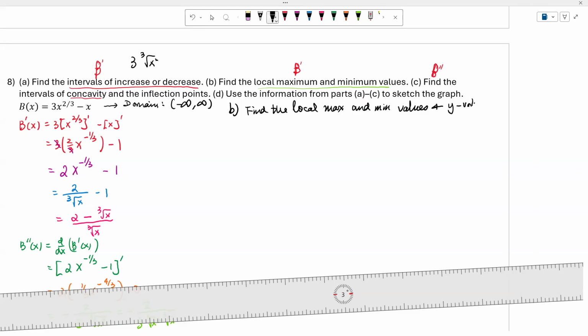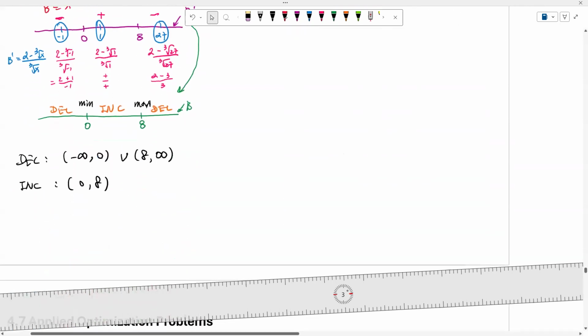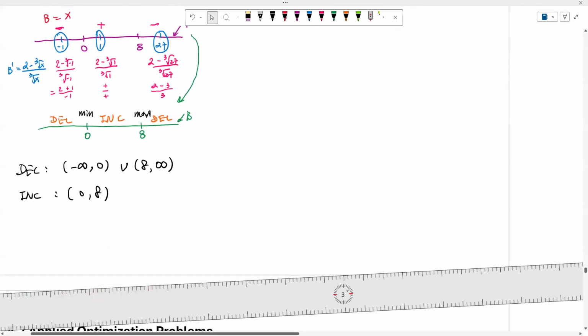So for this one, we need to work with b of x. So we know that the local minimum is at x equal to 0.